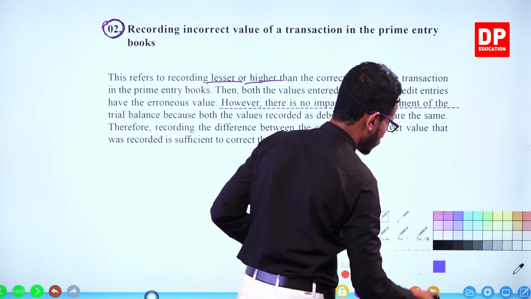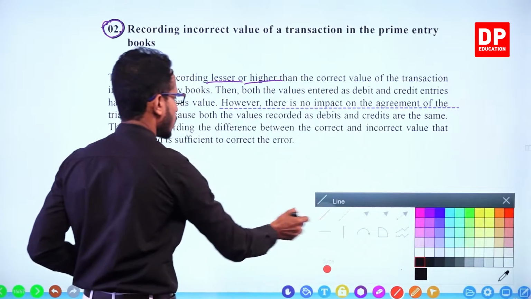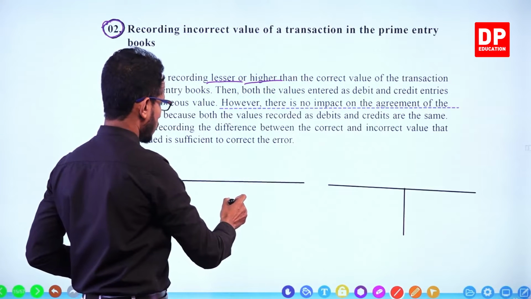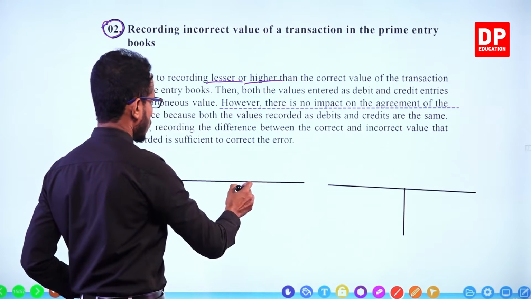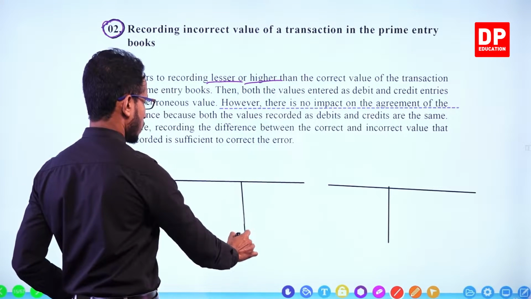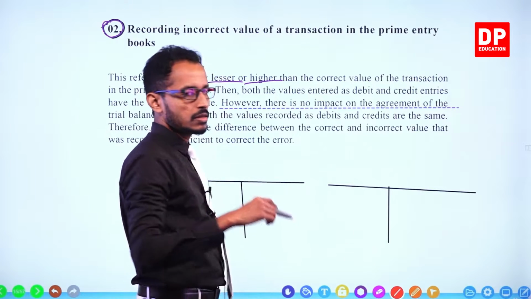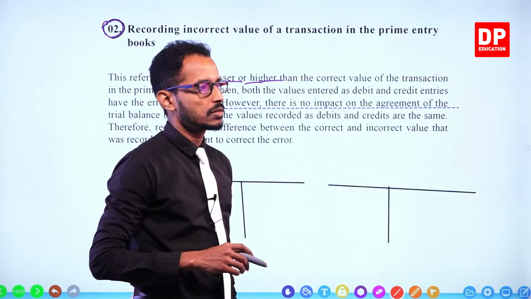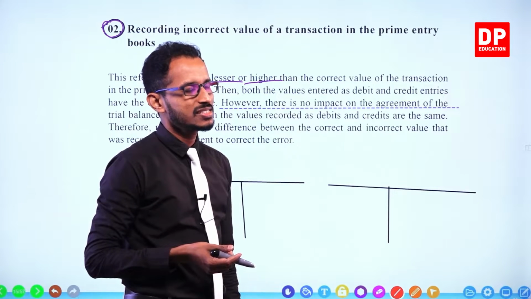Example, if the transaction which should be entered is something like a check received from a debtor, the check value is 64,000.